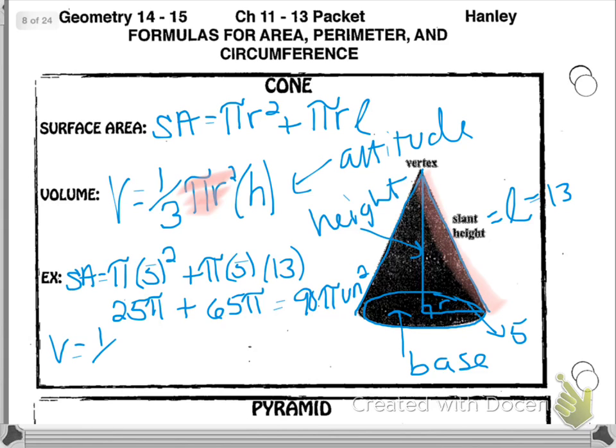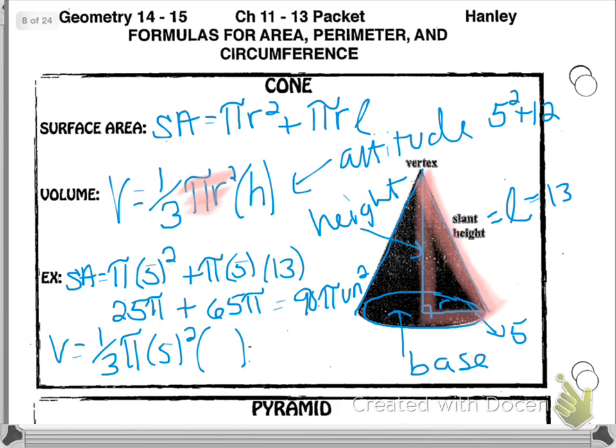For volume, we have 1/3 pi times the radius squared again, and we have to find that value for height. Well, if you notice, we've created a right triangle over here. And if we know one of the sides is 5 and the hypotenuse is 13, we can set up the Pythagorean theorem. So 5 squared plus x squared equals 13 squared.